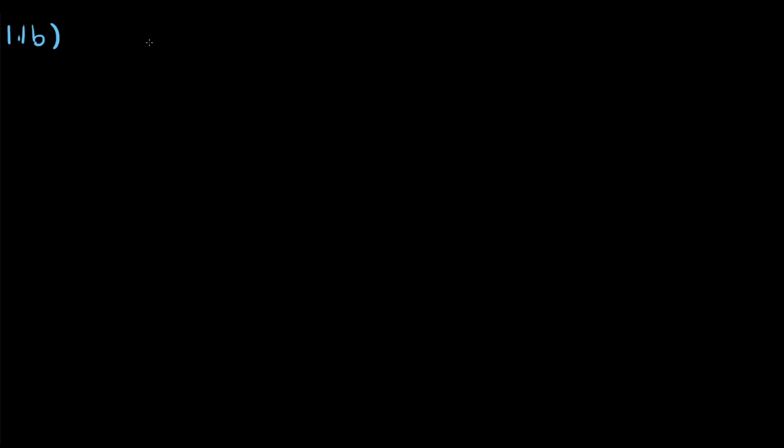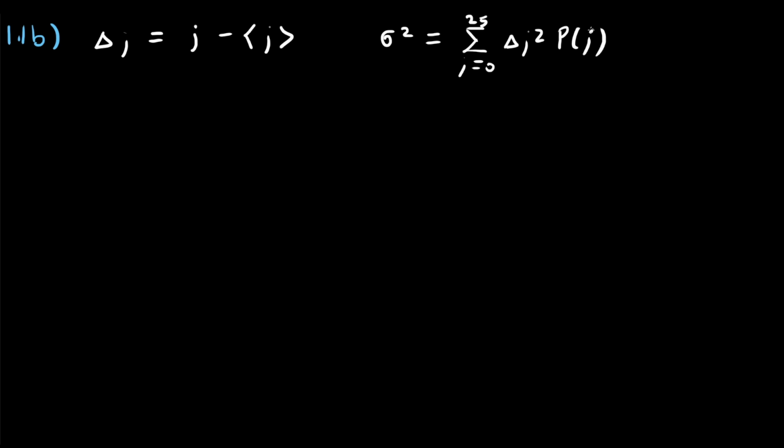For problem 1.1b, it wants us to find delta j, which is equal to that value j minus the expectation value of j. And it wants us to use this to find sigma squared, which is equal to the summation of j from 0 to 25 of delta j squared times the probability of getting that j.